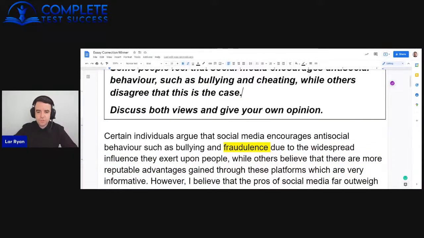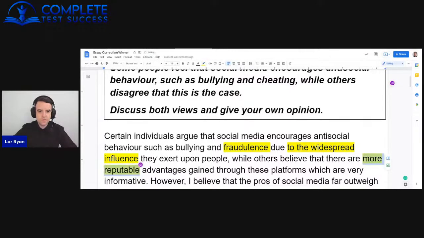So the issue here is you're adding extra information. Due to the widespread influence, it doesn't say that. It just says that they disagree. So don't add in extra information like that. Just paraphrase what the question says. More reputable advantages. So when you're saying more reputable, it's like more reputable than what?